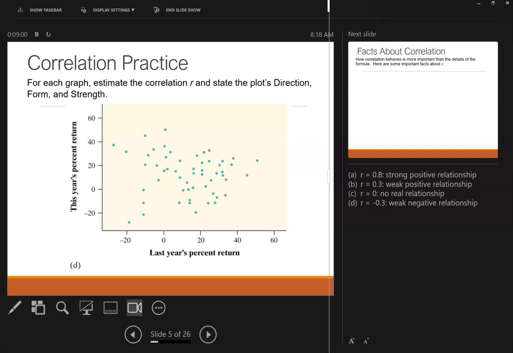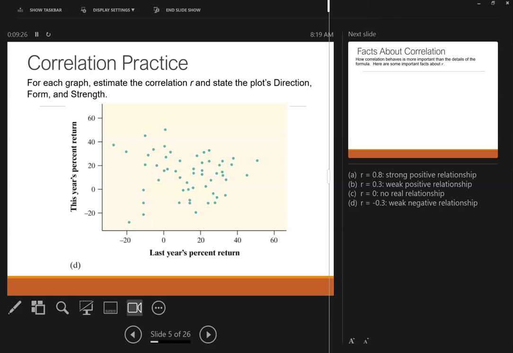Oops. How about this guy? Negative or positive? I think it looks negative to me. But I think it's going to be negative and it's going to be weak.